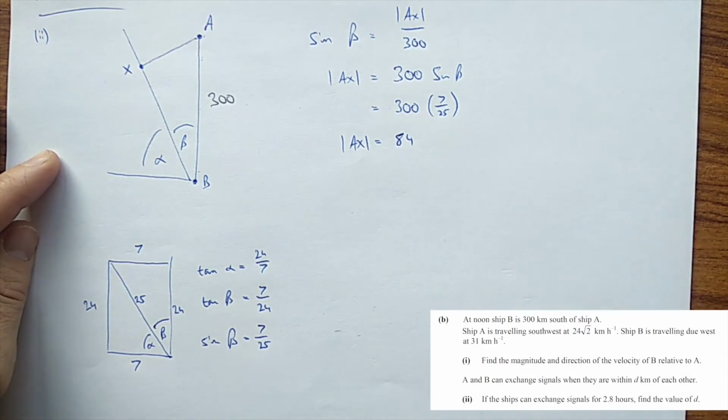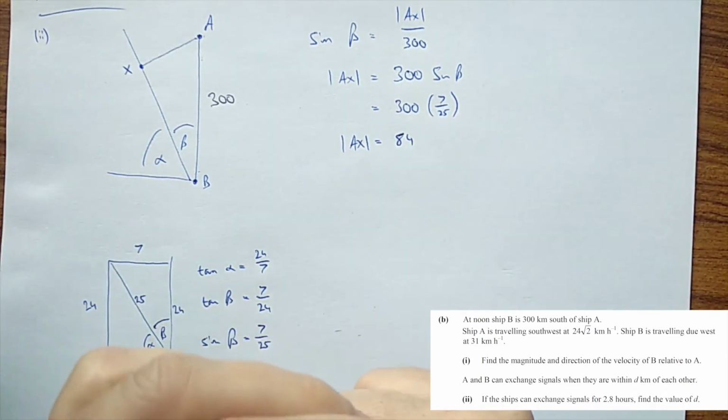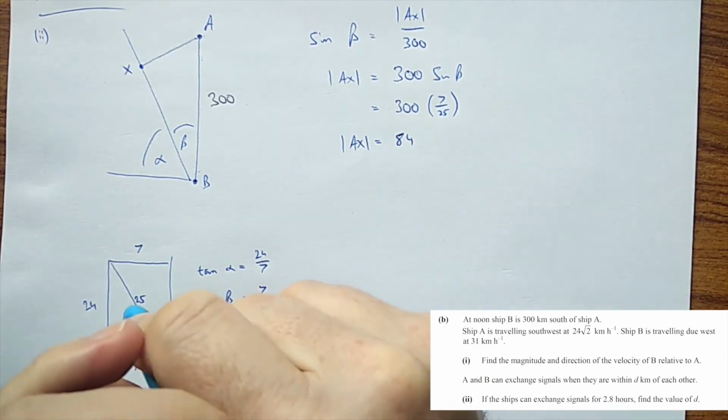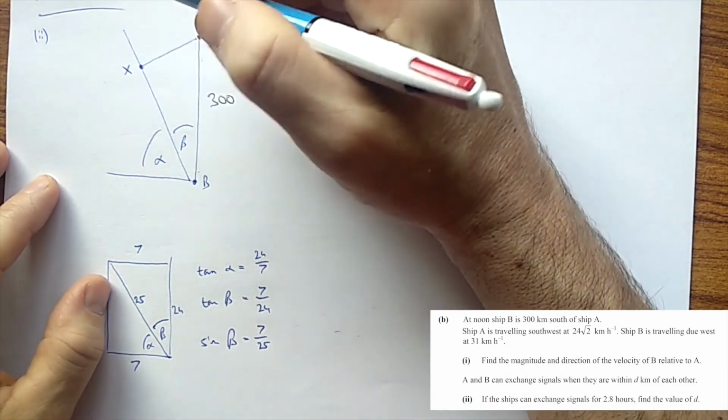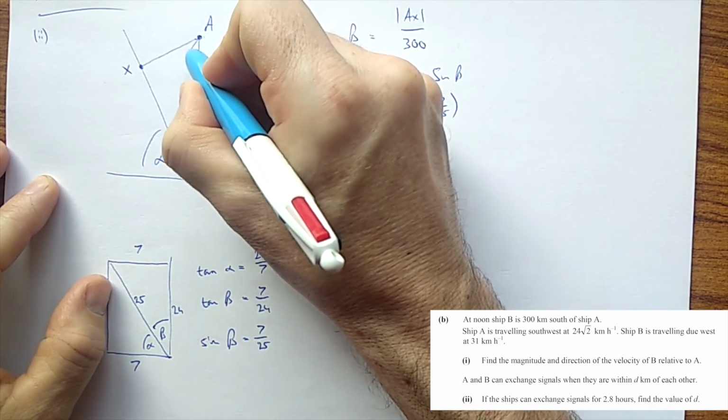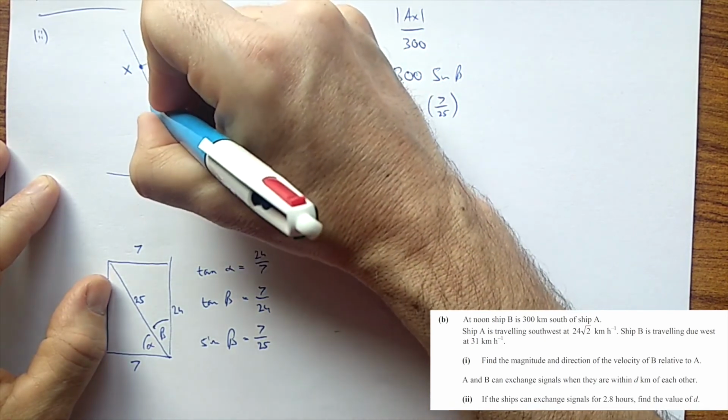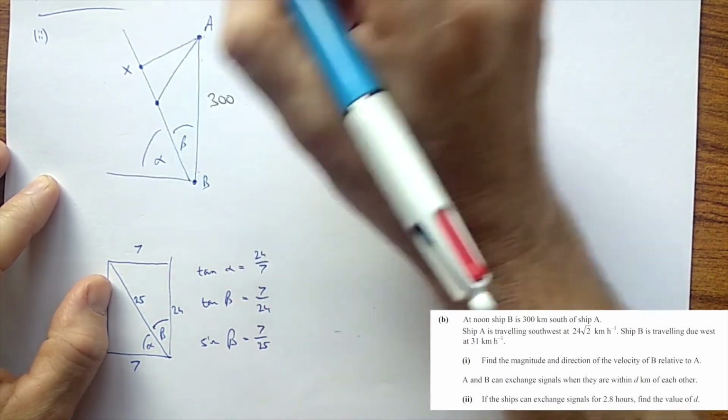Now, let's come back and have a look at our question. What are we looking for? They can exchange signals for 2.8 hours, which means it's going to be 1.4 hours this side, 1.4 hours on that side. So let's worry about this side. At this point, they can start to exchange signals.